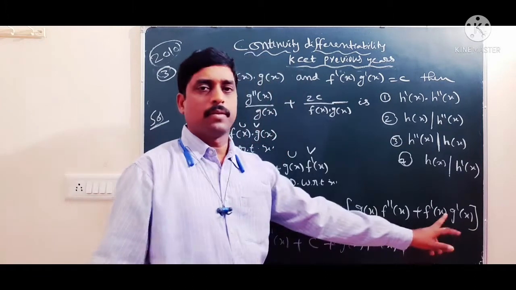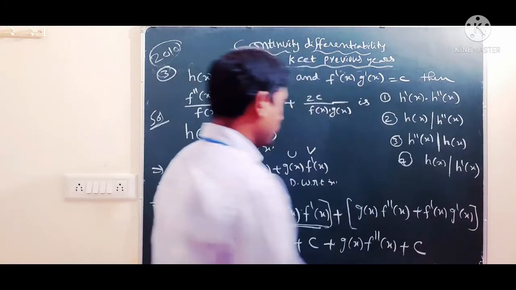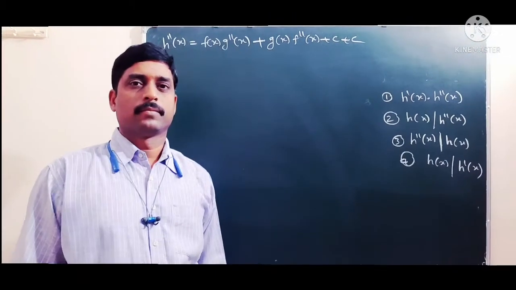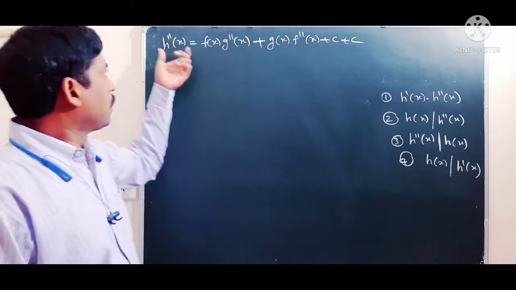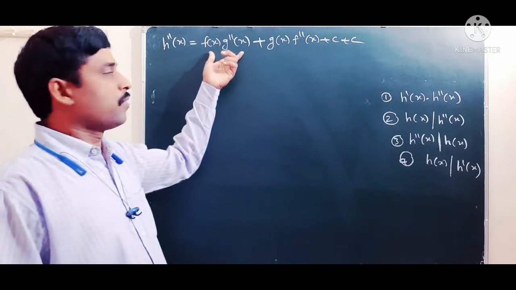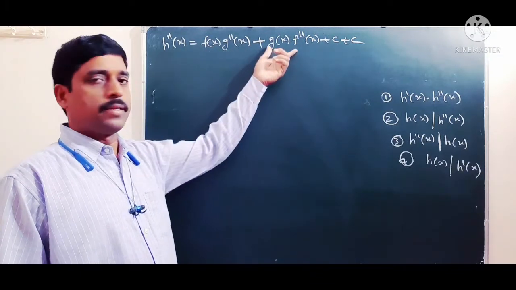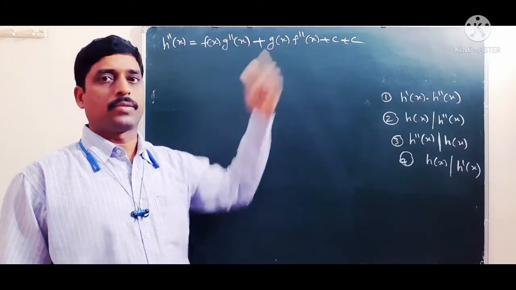This value is also given as c, so c plus c is 2c. We got it: h double dash x is equal to f of x into g double dash x plus g of x into f double dash x plus 2c.